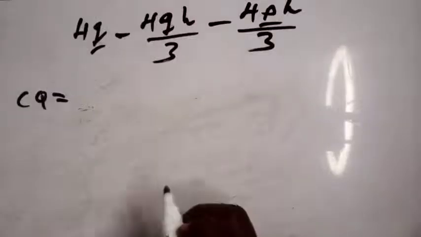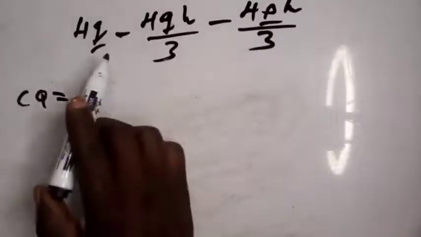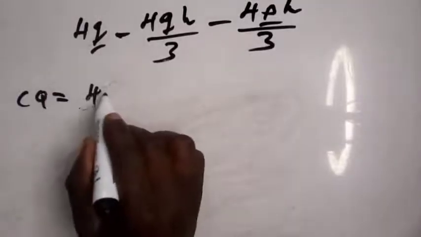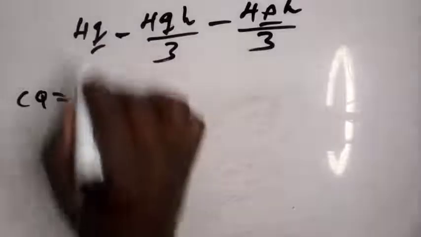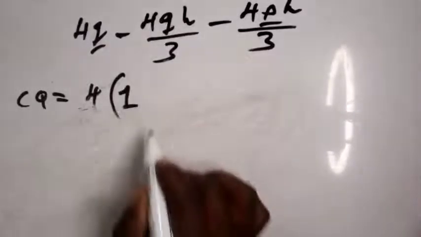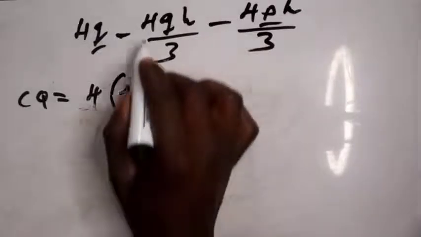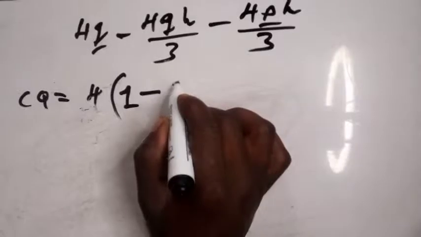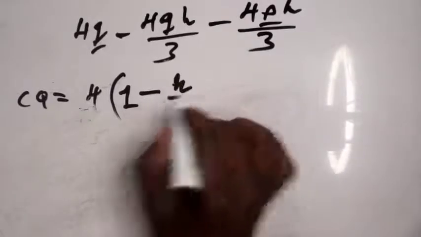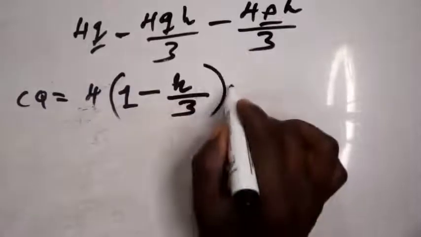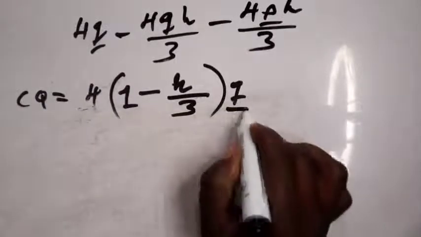Here, what is common is 4, so we have 4 outside. 4 into this one, we are going to have 1, minus h over 3, then q outside here.